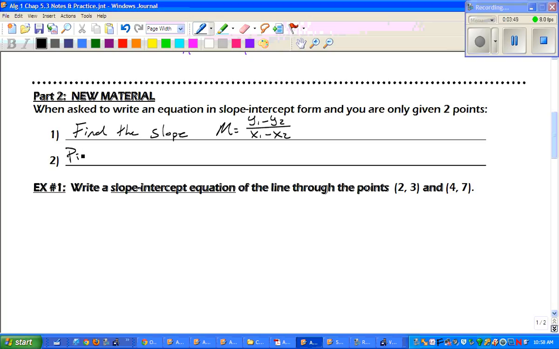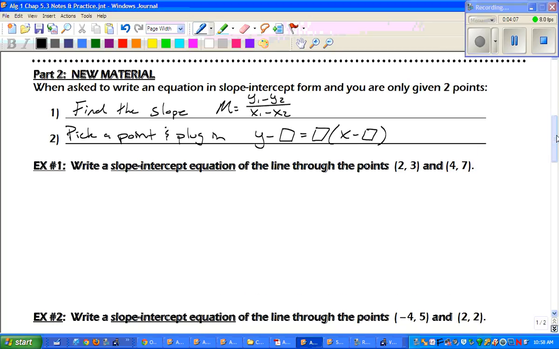And then you would pick a point and plug in to y minus your y equals slope times x minus your x, okay? So there's 2 things that we have to do for each one of these. First, slope.